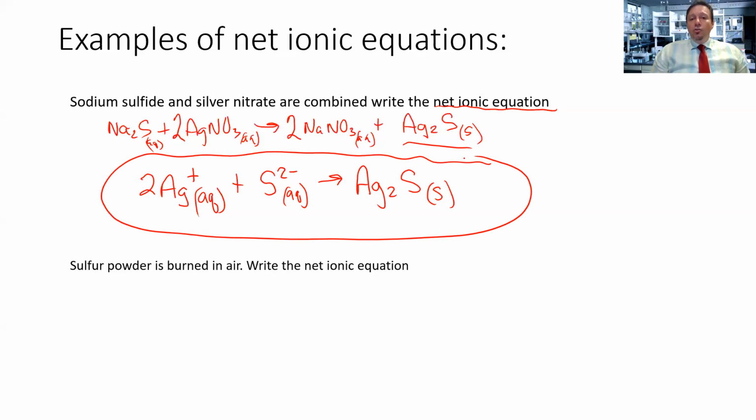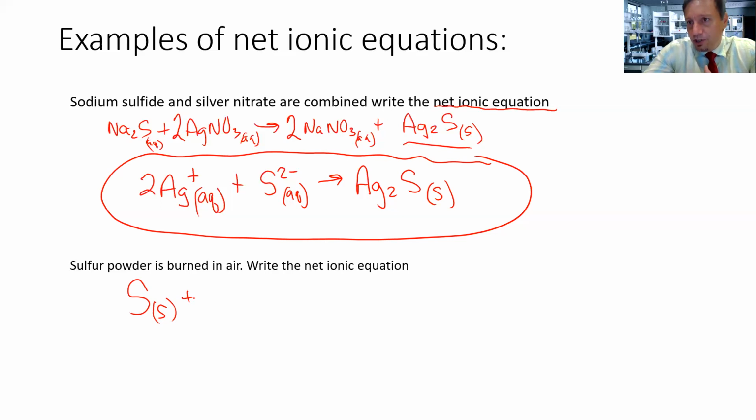So remember, your net ionic equation is going to have gases, solids, liquids. Those are the things that you have to show in a net ionic equation. So here I have sulfur powder is burned in air. Write the net ionic equation. So sulfur powder, so I have sulfur solid.